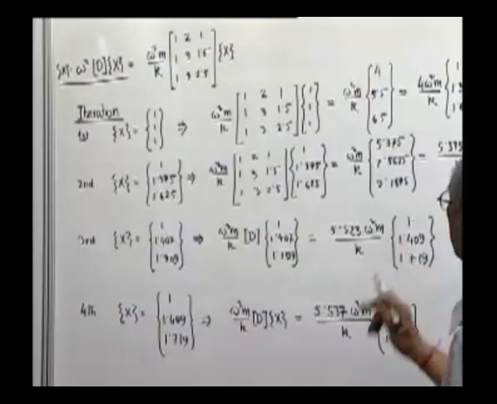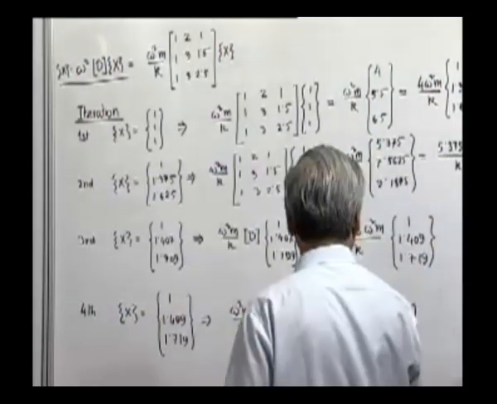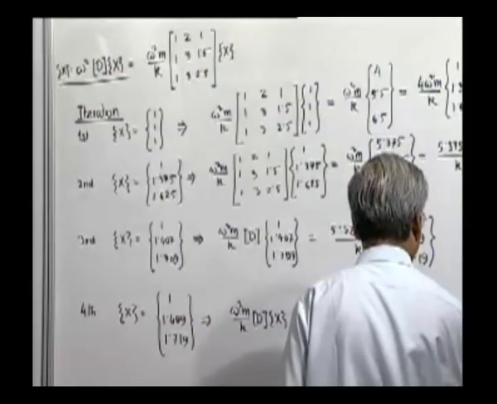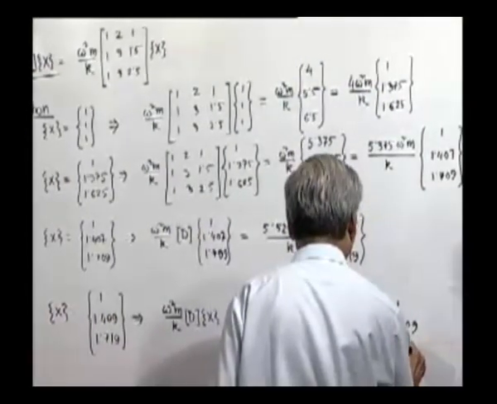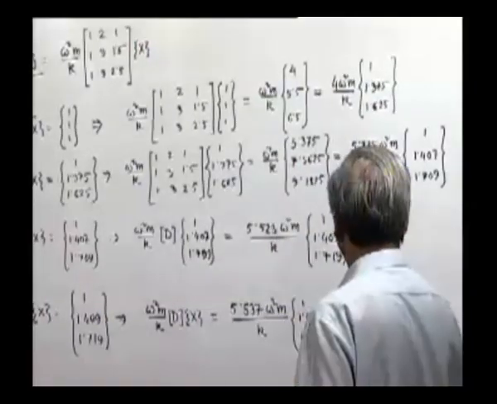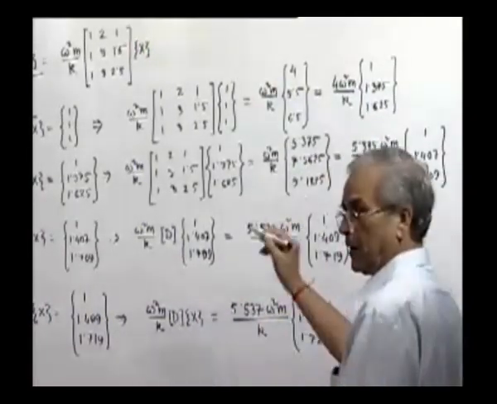Now, the equation to be fulfilled, that means if this has to be equal to 1, 1.409, 1.720, then what does it mean? That this has to be equal to 1.